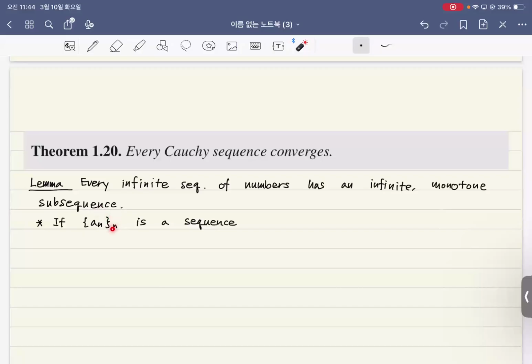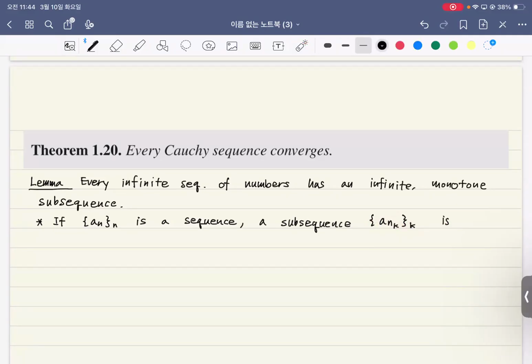Suppose that this is my original sequence, then a subsequence a_{n_k}, I have two subscripts. Here I am writing k just to emphasize that this is a sequence for not n but for k, is such that if k1 is less than k2, then n_{k1} is less than n_{k2}.